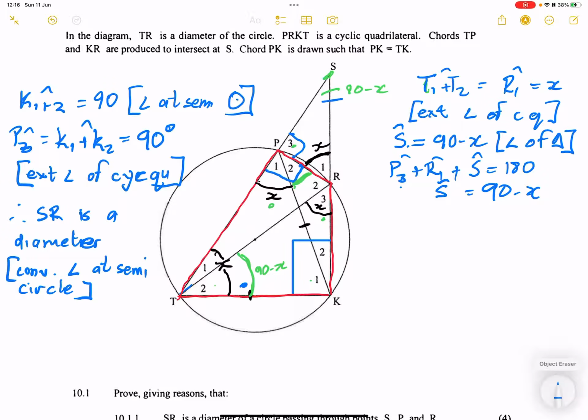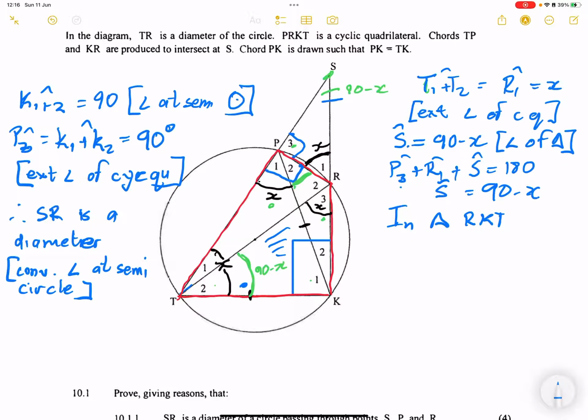So now we go in triangle RKT, meaning inside this triangle here.